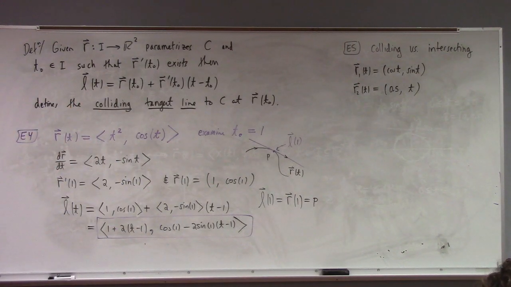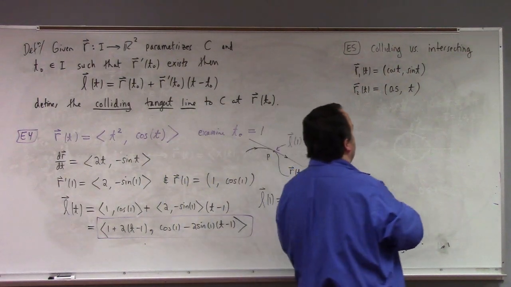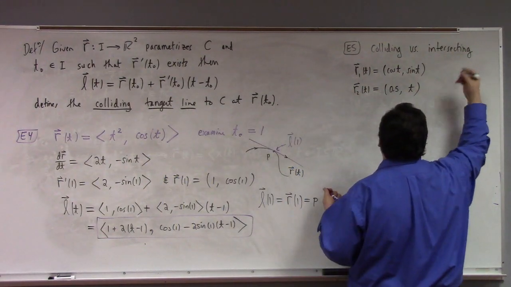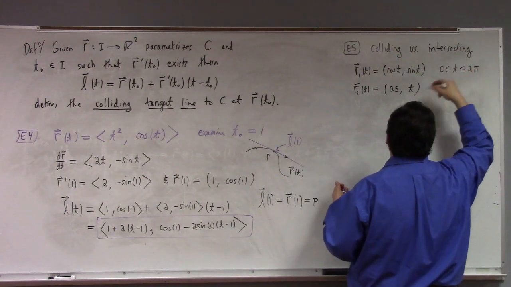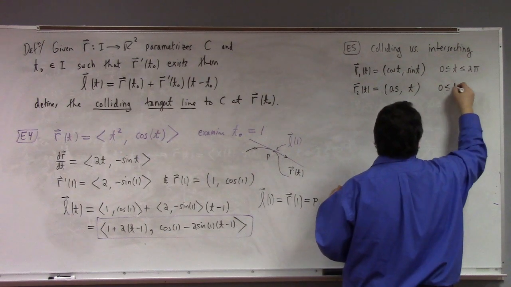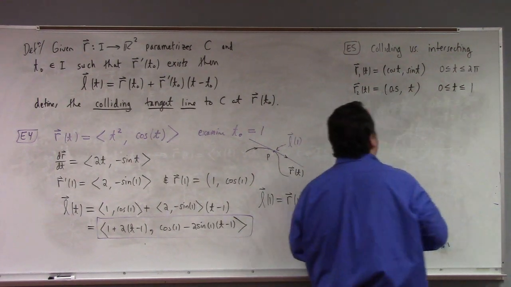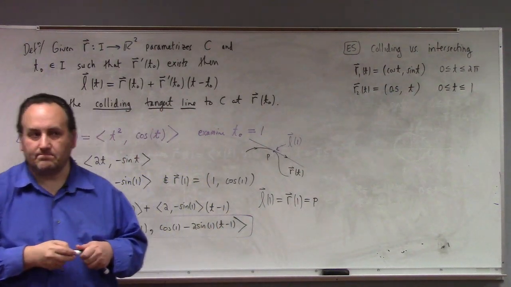These are parameterizations of two paths. Can you tell me geometrically what we're looking at? To be clear, for R1, 0 is less than or equal to t, less than or equal to 2 pi, and for this one, 0 is less than or equal to t, less than or equal to 1, for the sake of specificity.